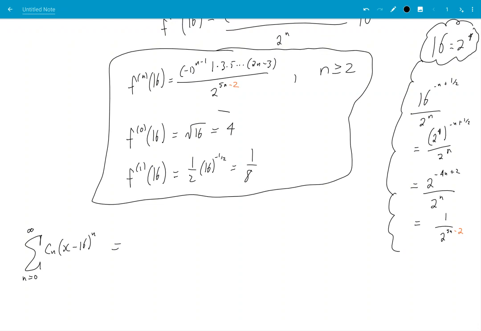Now, for n equals 0 and n equals 1, I have to do something a little bit different. So I will write those terms out separately. And then the remainder of this power series can be written using the formula.